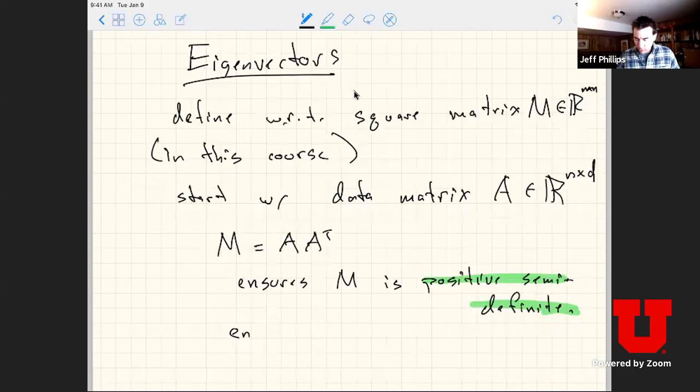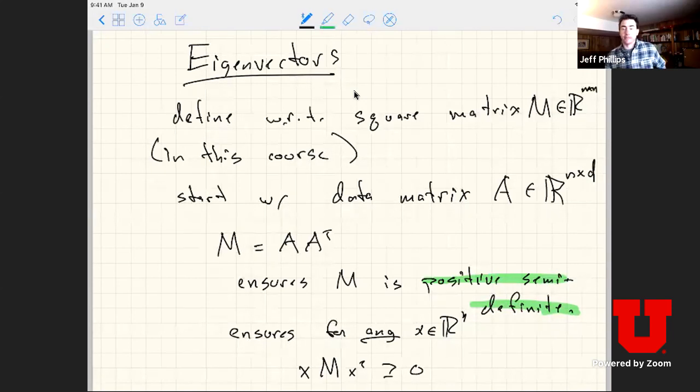One way of seeing what this means is that for any x in R n, x times M times x transpose is greater than or equal to 0. It might be equal to 0, might be greater than 0.